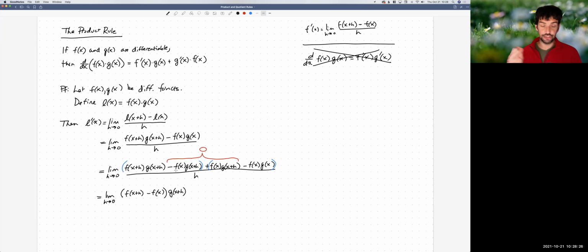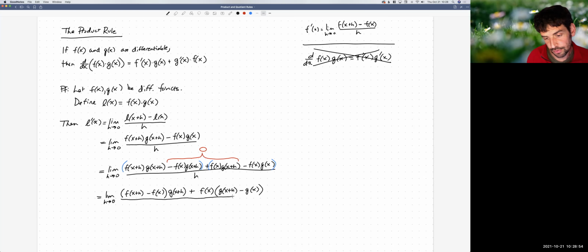I factored out that g of x plus h that's in both of them, and what's left behind is the f of x plus h minus f of x. And then in the second parentheses, the second blue parentheses, I'll factor out f of x. And what's left behind is g of x plus h minus g of x. Okay, and this is all, remember, still over h.